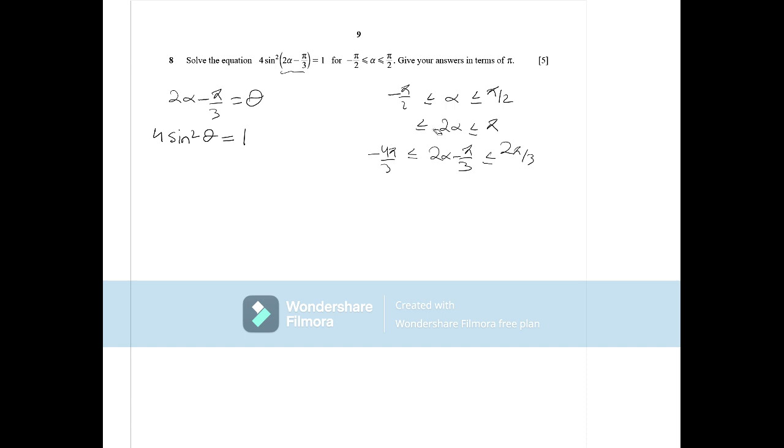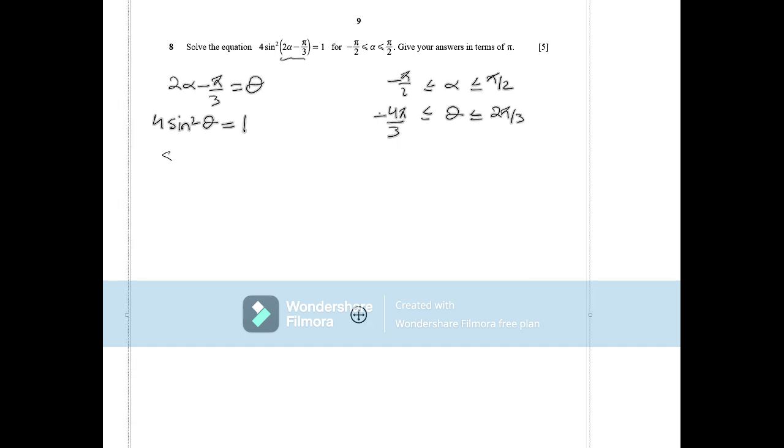So you can simplify this whole thing to your theta being in the range negative 4 pi by 3 to 2 pi by 3. Simple question. Your sine squared theta is 1 by 4. So your sine theta is plus minus half.